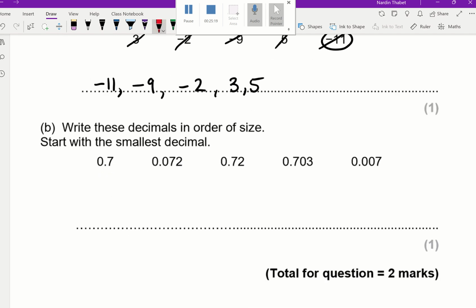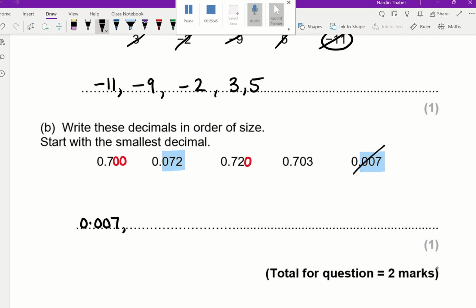So the decimal with the most digits has 3 digits, so I'm going to add 2 zeros to any decimal that doesn't. Again, starting with the smallest. That's a 72. And that's a 7. Okay, so the smallest is 0.007.